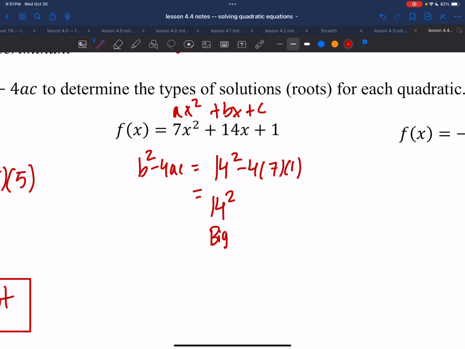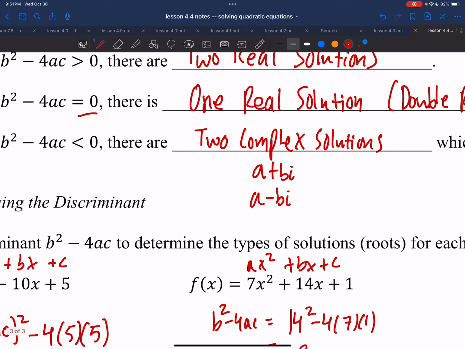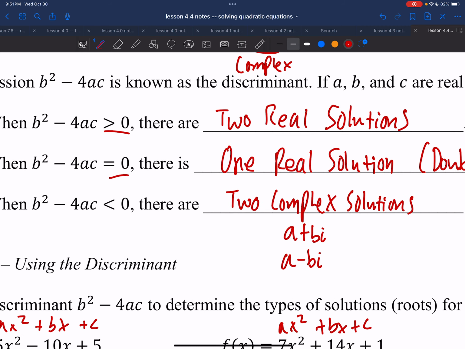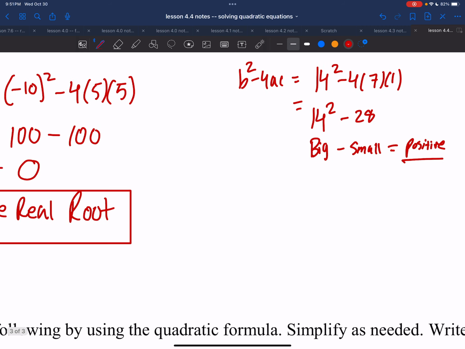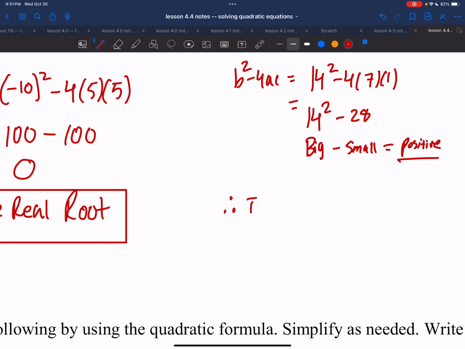And 4 times 7 is 28, which is kind of small. And so I'd say big number minus small number, that's going to be positive. Yeah? So this result is going to be positive, and if the discriminant is positive, that means there's two real solutions. So therefore, two real solutions.